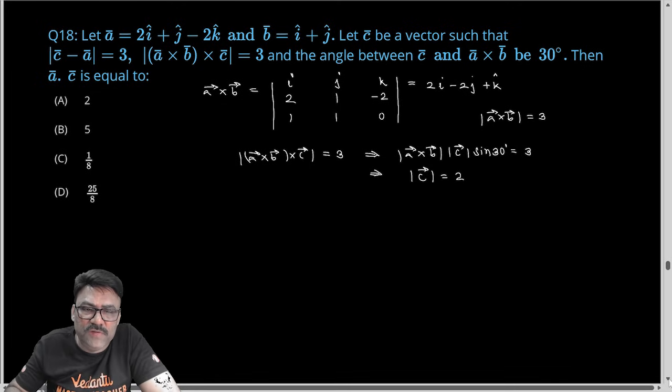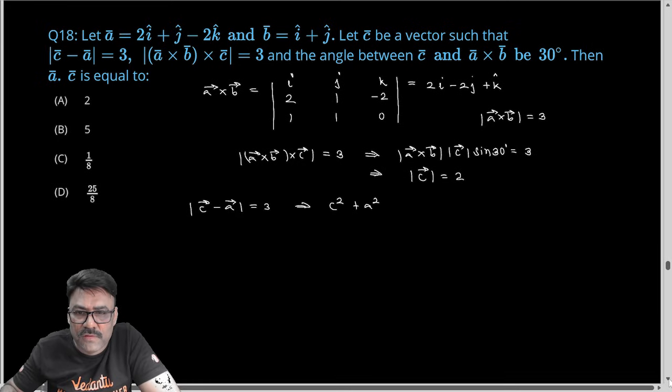One more piece of information is given. Mod C minus A is 3. So if I square both sides, I can write C square plus A square minus 2C dot A is equal to 9. C square is 4.